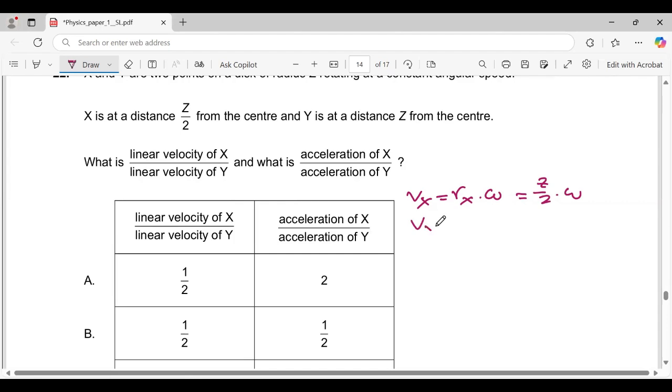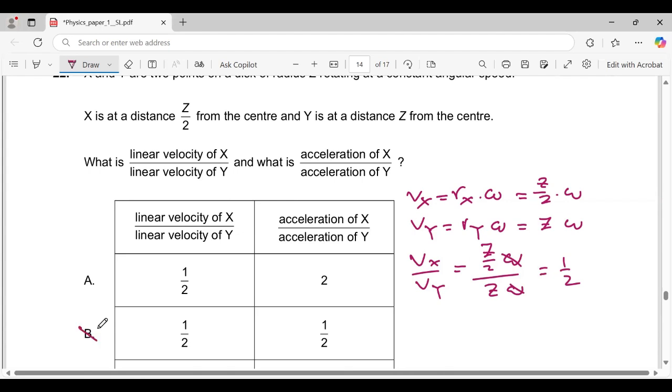And the linear velocity of Y equals r of Y times omega, Z times omega. So the ratio of linear velocity X to linear velocity Y is Z over 2 omega over Z omega, and it is 1/2.